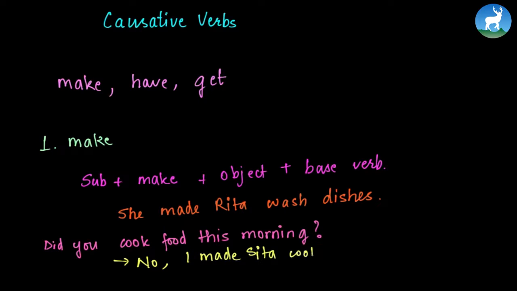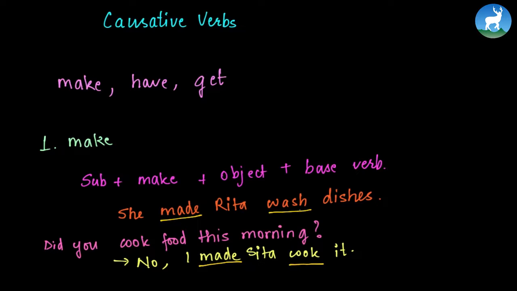Sita cook it. So notice in these two sentence structures, after using the form of make, we place the base verbs. Wash and cook are the base verbs, and we can see that something else is happening here due to a cause.